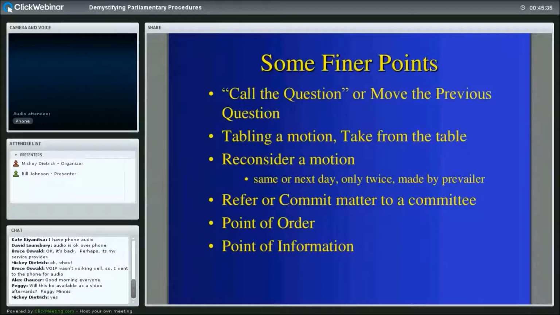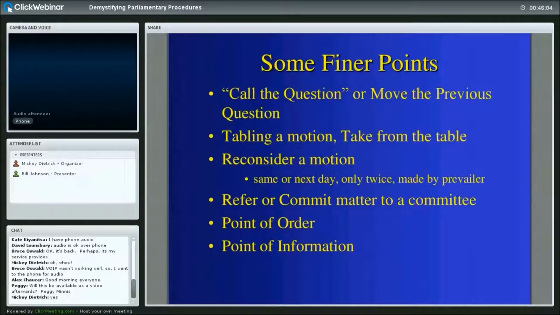I'm tired of hearing this debate, and they'll say, "I call the question." What that really means is I am making a motion to end debate. You need a second, and then there's no debate on that motion. The presiding officer then takes that vote to end the debate. It has to be two-thirds.